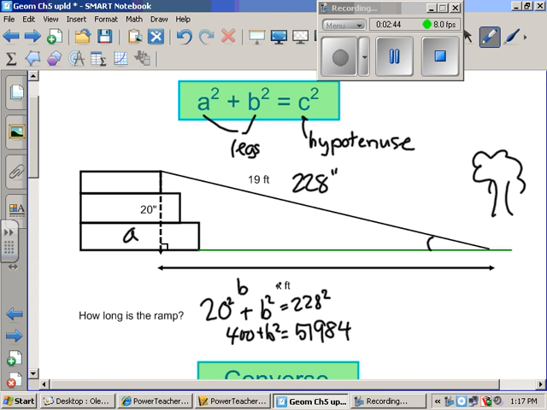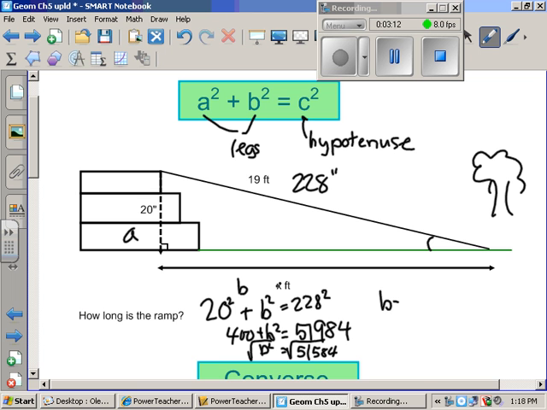Okay, subtract 400 from both sides, and I get b squared is equal to 51,584. So if b squared is equal to that, to undo it, you take the square root of both sides. So I take the square root of 51,584, and I get 227.